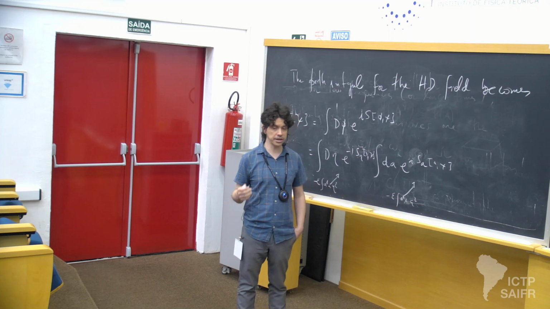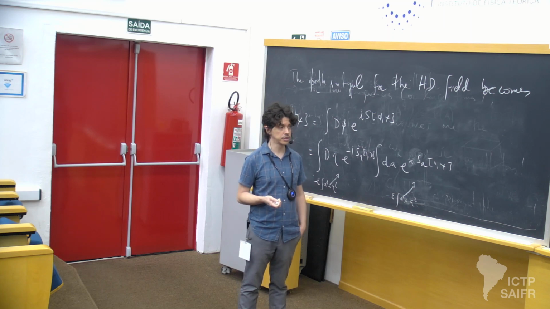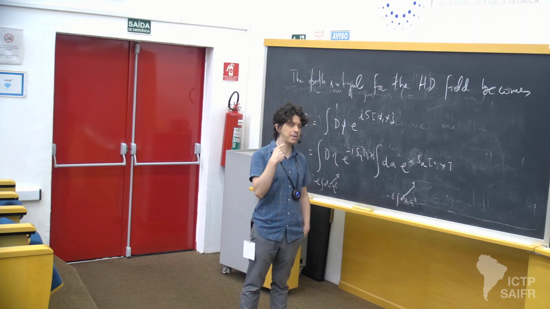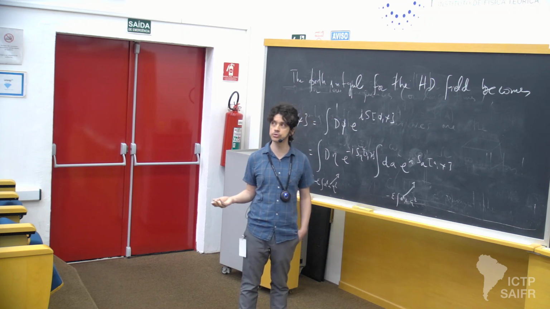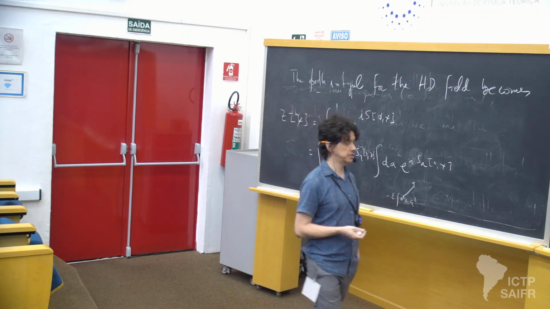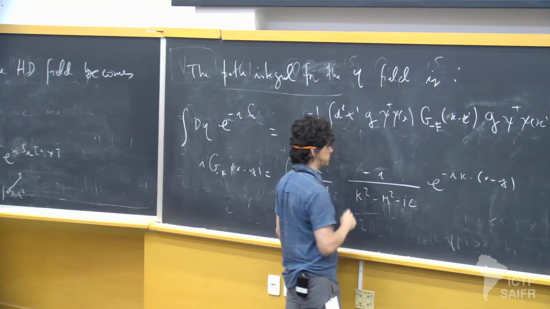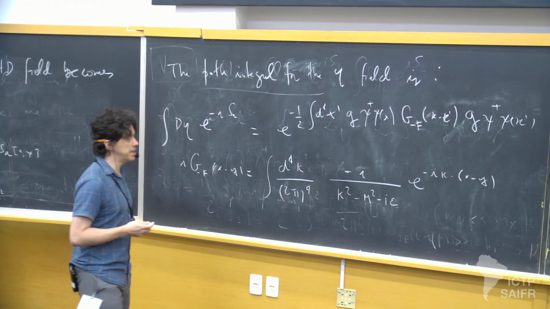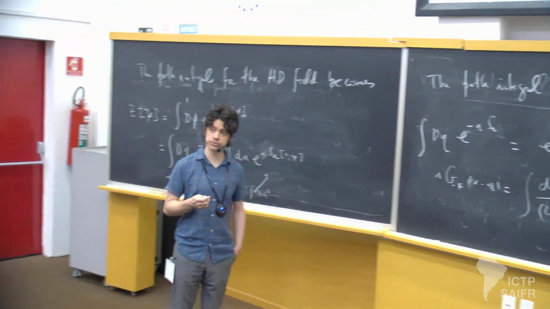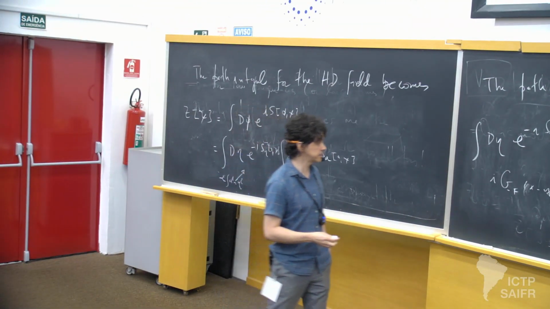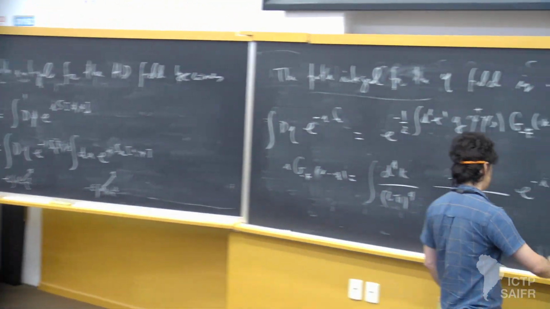A propagator that is carrying positive energy, but in the backward sense of time that we are used to. In the same way, because of this minus sign here, this guy is a ghost. So that is a propagator for a ghost.